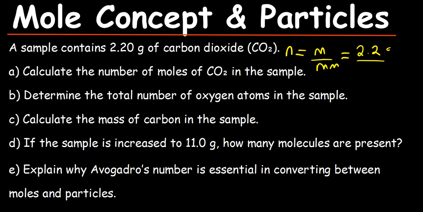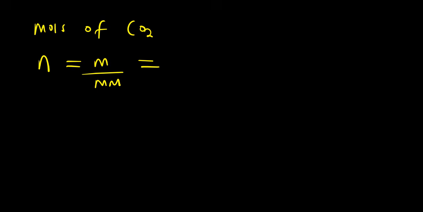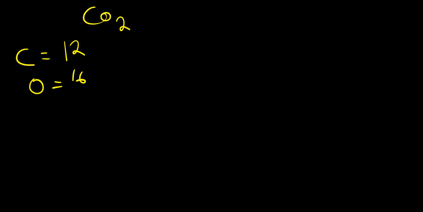The molar mass of carbon dioxide, we've been calculating it so much. So what is it going to be? It's roughly about 44 grams. How we found it: carbon is 12, oxygen is 16, but we've got two oxygens, so I'm going to multiply by 2. That is 12 plus 32, which gives us 44 grams per mole. That is how we find the molar mass.